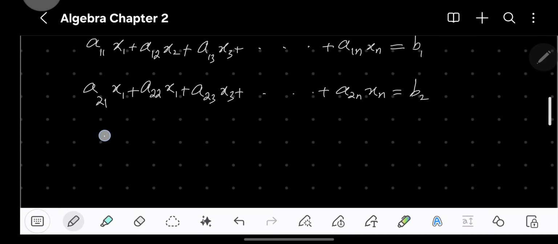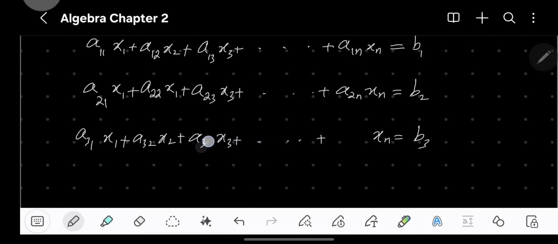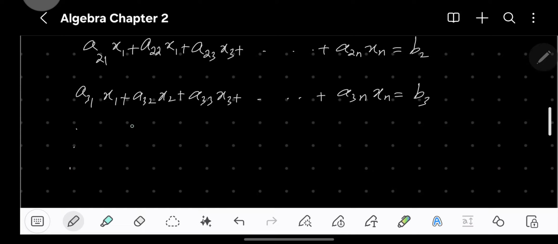I will write again x1, x2, x3, dots, and then xn is equal to b3. I will write a31, a32, a33 up to a3n. And similarly, I will write more equations.